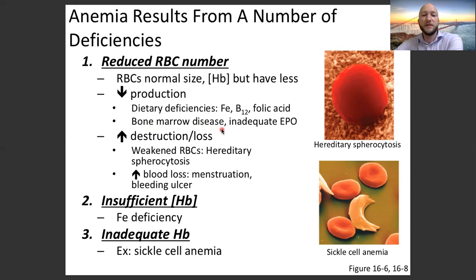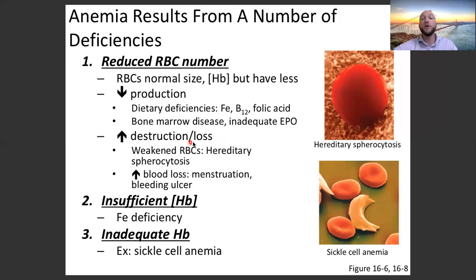Bone marrow disease. So think about where these red cells are produced. They're produced in bone marrow. If there's a disease of the bone marrow, it could reduce the number of red blood cells produced. Or inadequate EPO, erythropoietin. Remember from the hematopoiesis lecture, EPO stimulates the production of red cells.